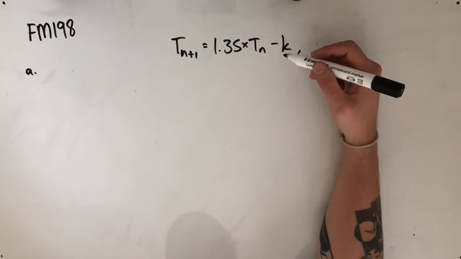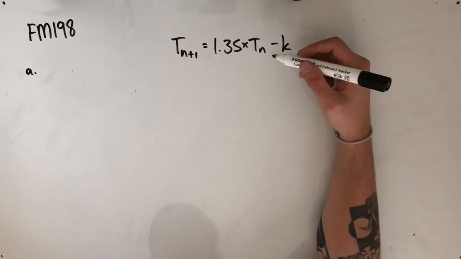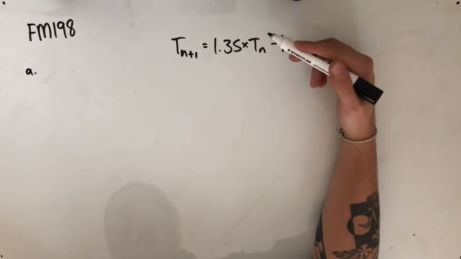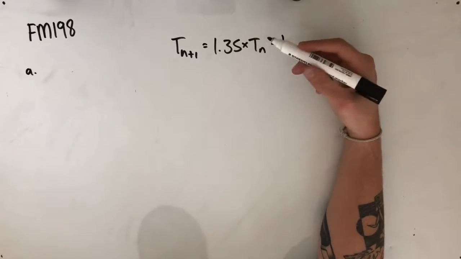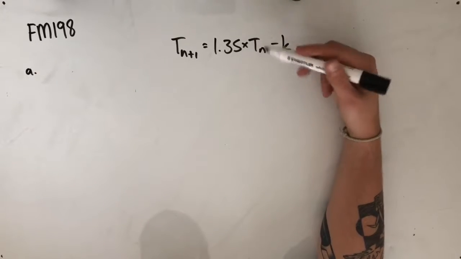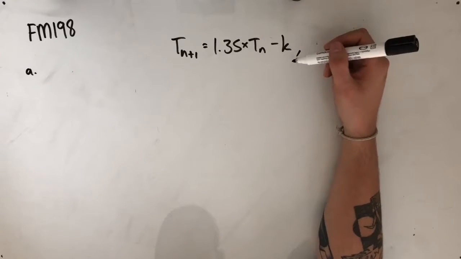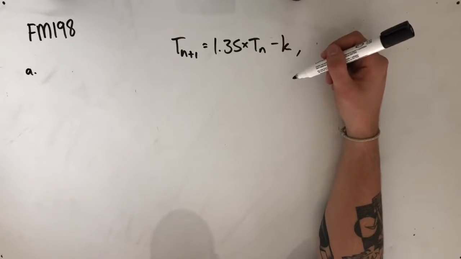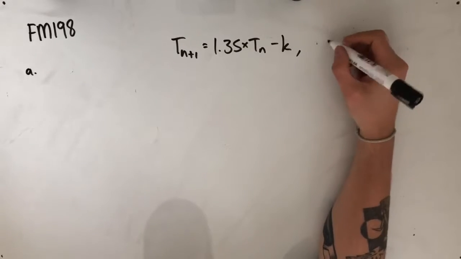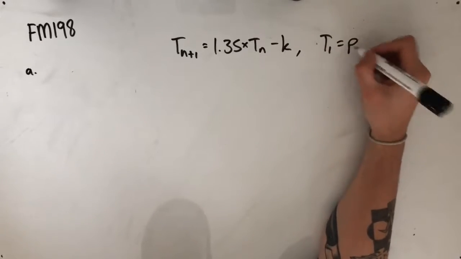Since we were told in the context of the question that as the tadpoles mature and turn to frogs, Sarah moves the frogs to an enclosure, we can assume that this minus k is probably those frogs that are being moved over to the enclosure, where T1 is equal to P.